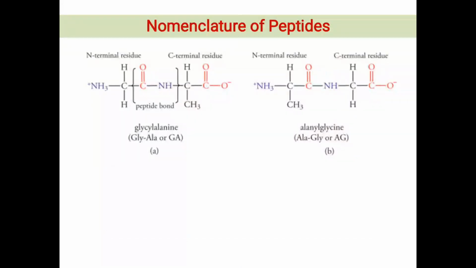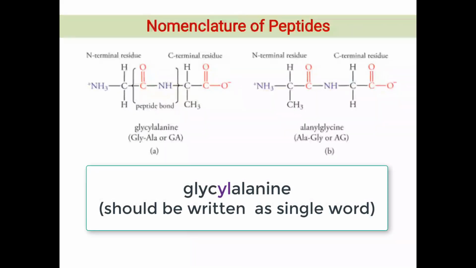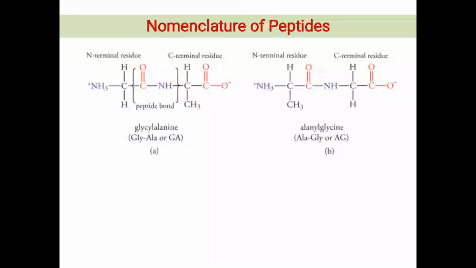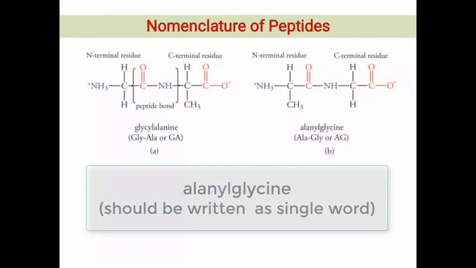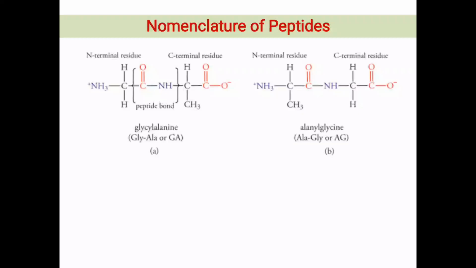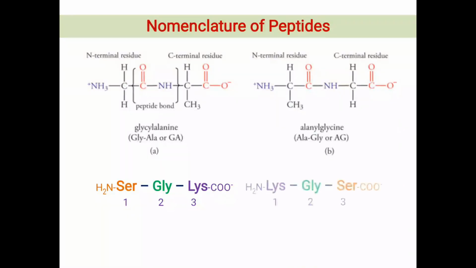The name of the dipeptide will be glycyl alanine, and likewise the next peptide is known as alanyl glycine. Here the I and E of alanine, which is present at the N terminus, the first amino acid, are replaced. So following these two rules, we may further name these tripeptides.